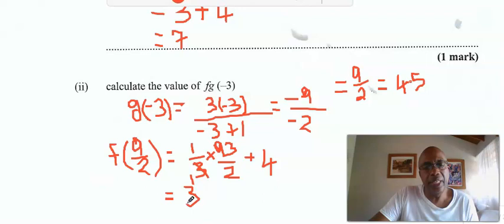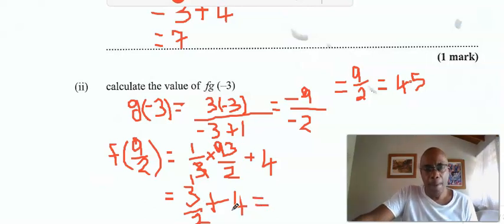So it is 3 over 2 plus 4. You can do it using fractions or decimals or whatever. 3 over 2 is 1.5.